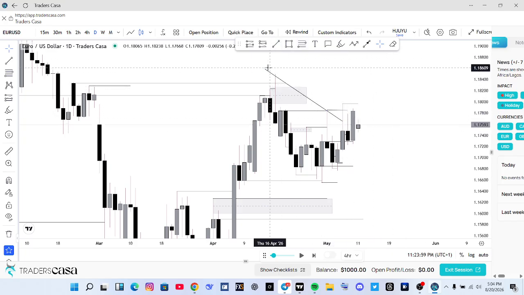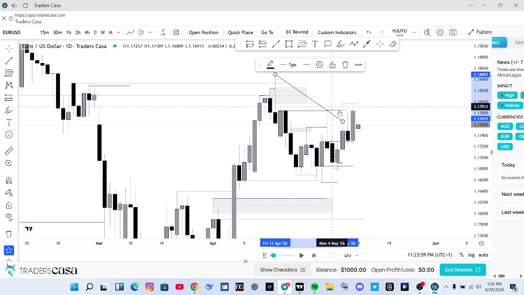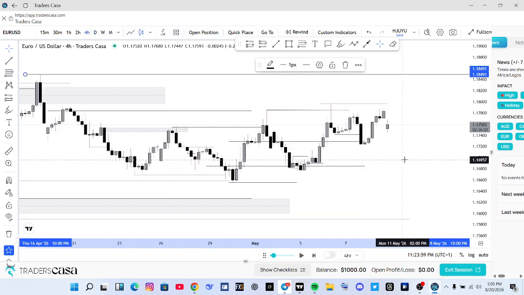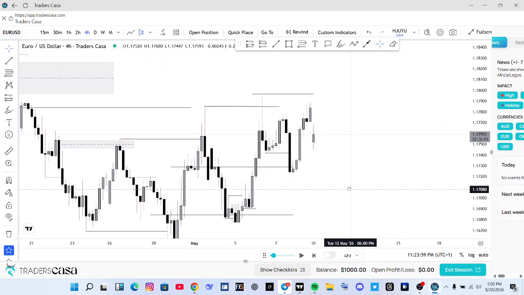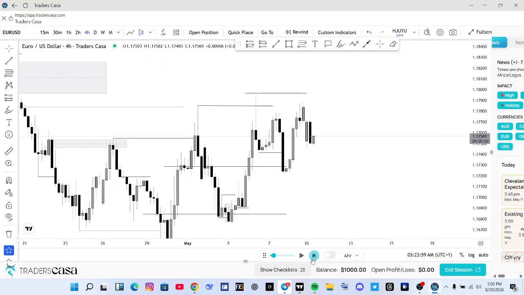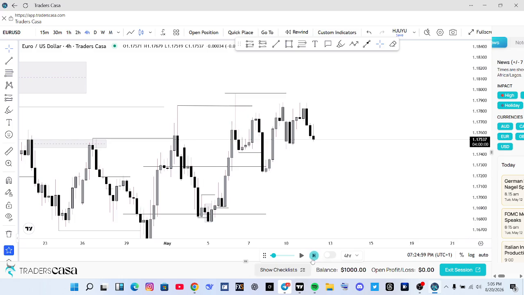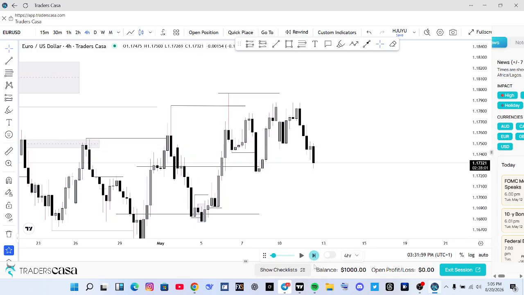So there is high possibility that this high here, price will take it. But I want to see a proper break here on the 4 hours. All this range is dangerous.